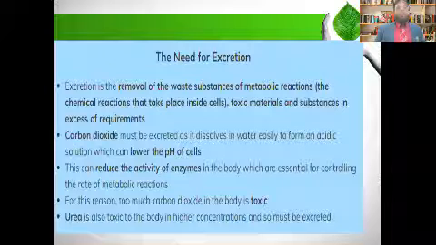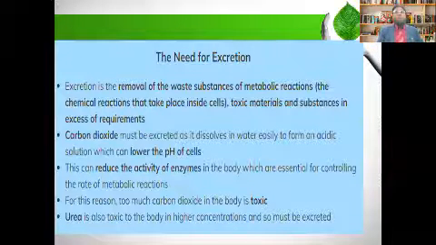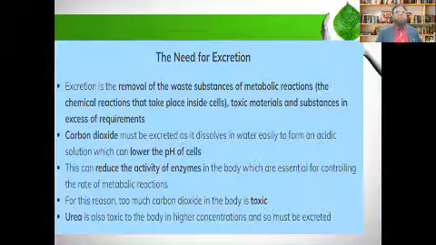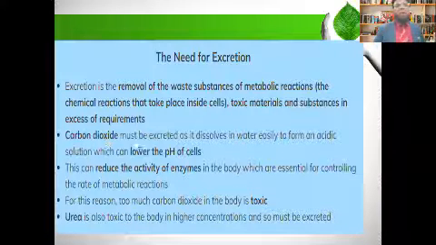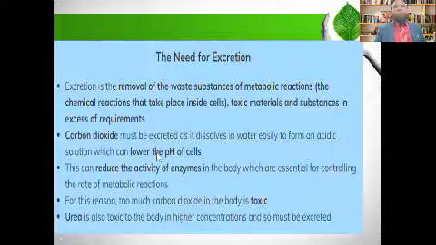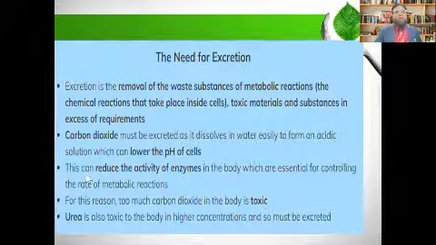Now you can see here the need for excretion. Why is excretion important? Because if nitrogenous waste material and toxic waste material stay for a long time in the body, they may cause poisoning. For example, if CO2 stays for a long time, it makes the blood pH acidic, and this acidic pH is very dangerous for the body.